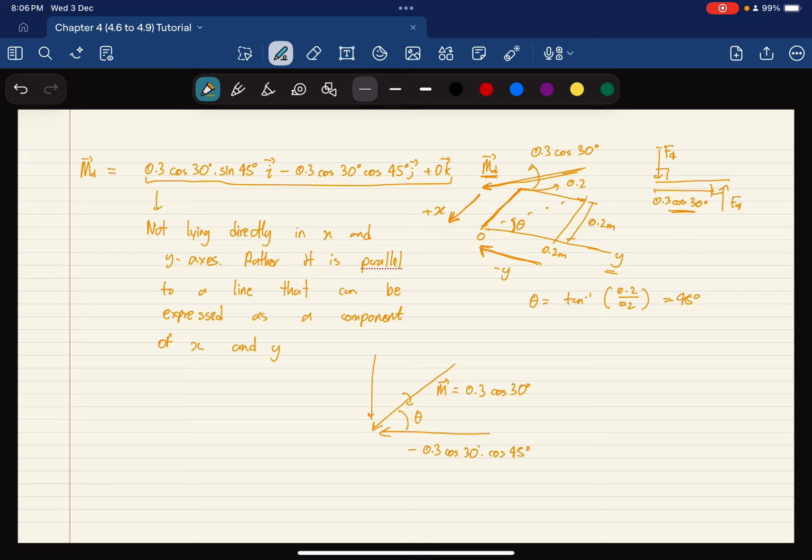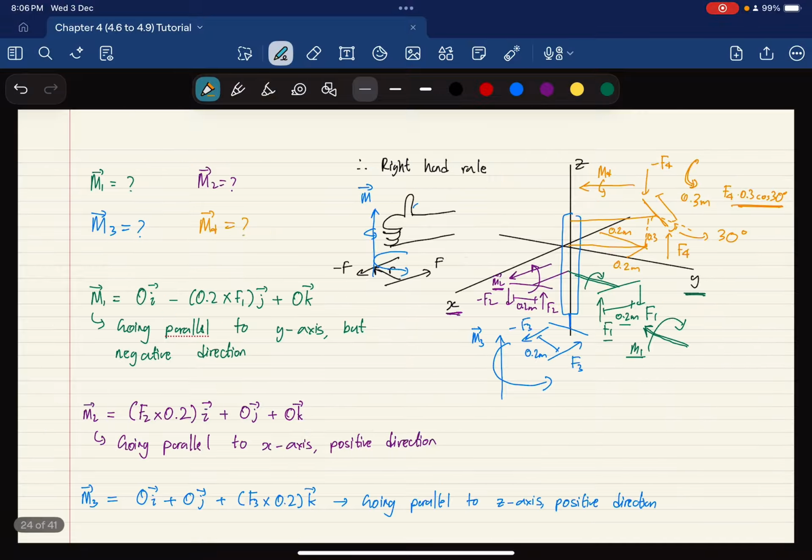And this one is 0.3 cosine 30 sine 45. So this is going to the positive x-axis, whereas this is basically going to the negative y-axis.